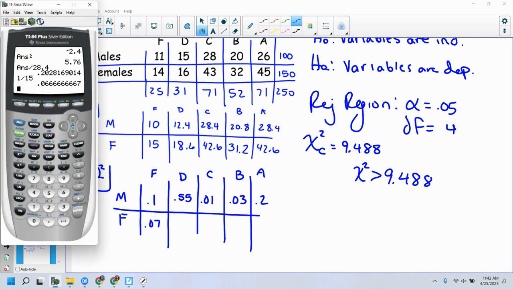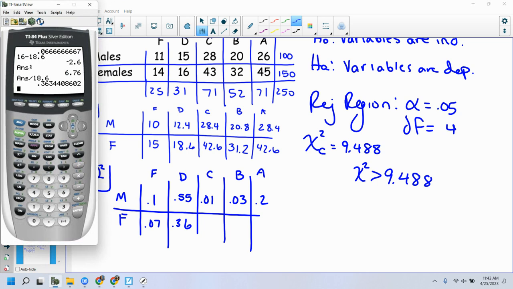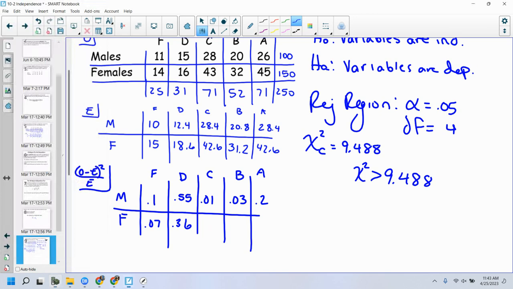Female D. 16 minus 18.6 squared divided by 18.6, 0.36. We've got 43 minus 42.6 squared divided by 42.6. That's really small. Negligible, 0.00.